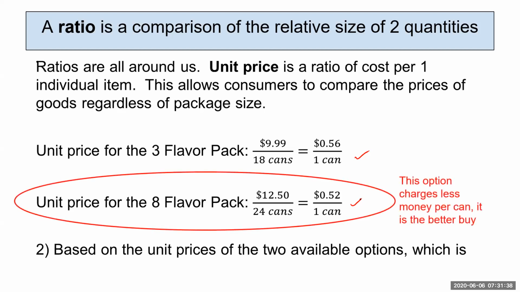All right, and we are going to decide that because this option charges less money per can, it is the better buy. So this is a decision that has been made out of ratio right here. So you did the ratio, then you realize that this is less compared to the 3 flavor pack. So your decision will be to take the 8 flavor pack because that's a better buy. Good.